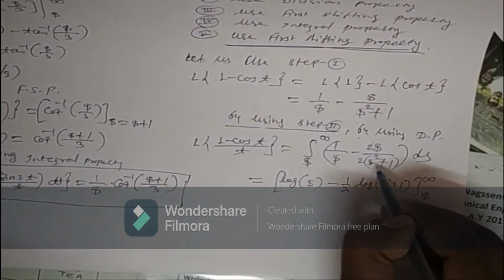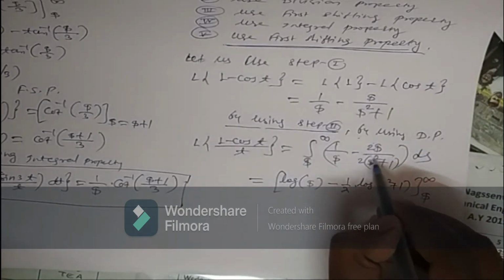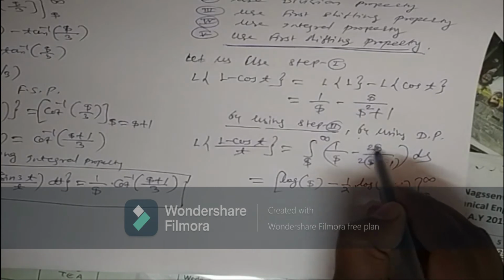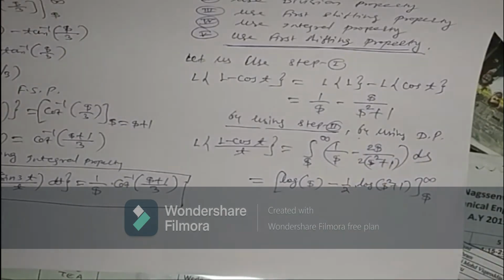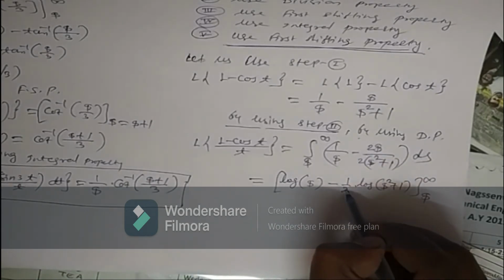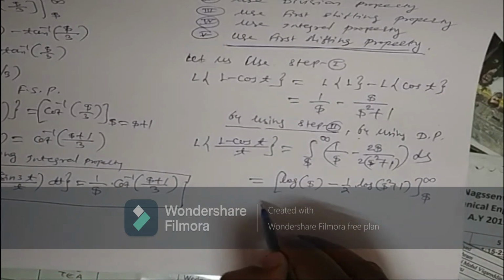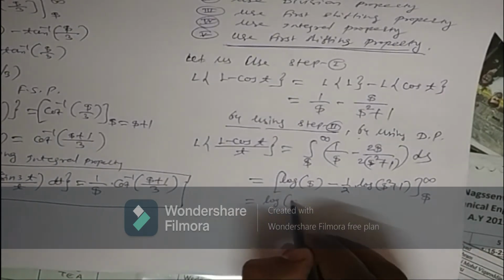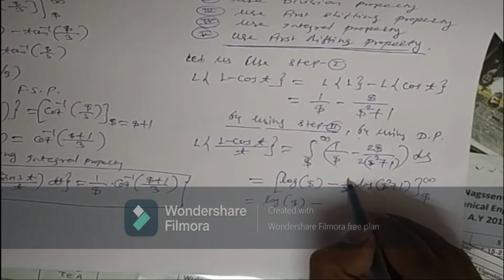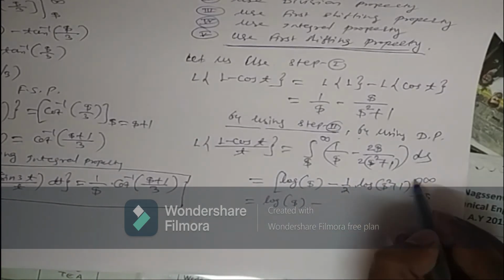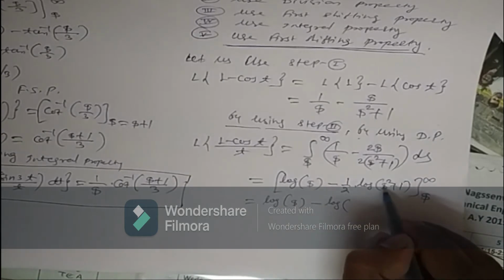Look at this again. We have to find the integration of s upon s square plus 1, but the derivative of s square is 2s. Here there was no 2, so what we have done here is multiplied by 2 and divided by 2. So this 1 by 2 will be as it is, and log of this denominator. So that is equal to log of s minus, first of all we have to take this 1 by 2 in the power, so log of s square plus 1.